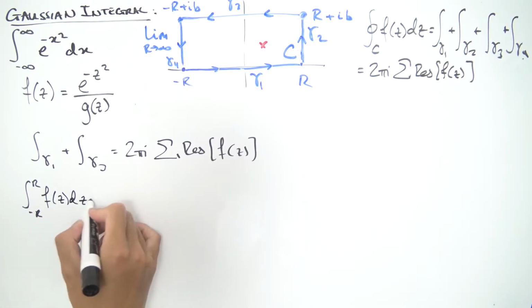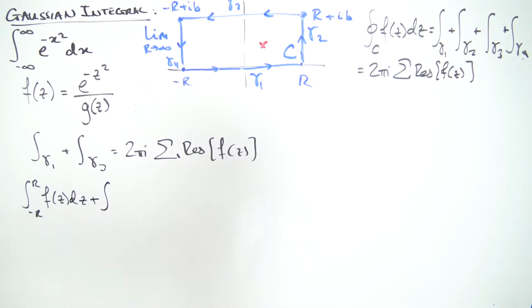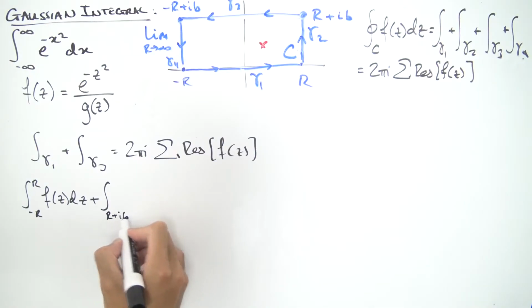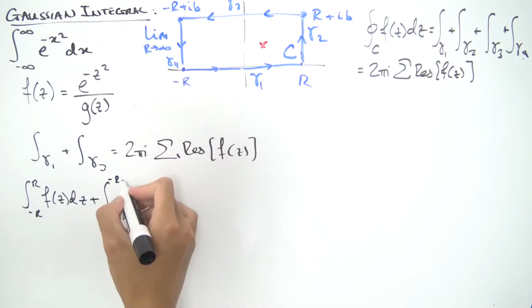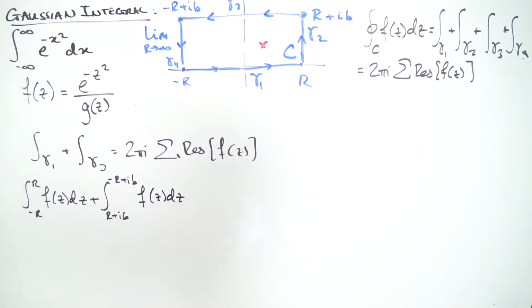And then we're going to add the integral along gamma 3. And what is the integral along gamma 3? Well, we're starting up here, which is r plus i times b, and then we're moving to the left all the way to minus r plus i times b of f of z dz. Alright, and we can do a bit of a substitution to fix these bounds a little bit. We don't really like having imaginary numbers there.